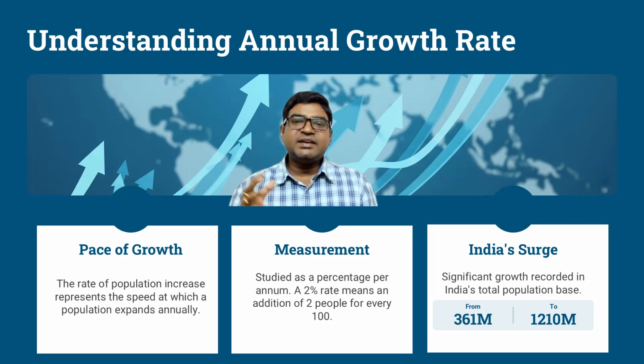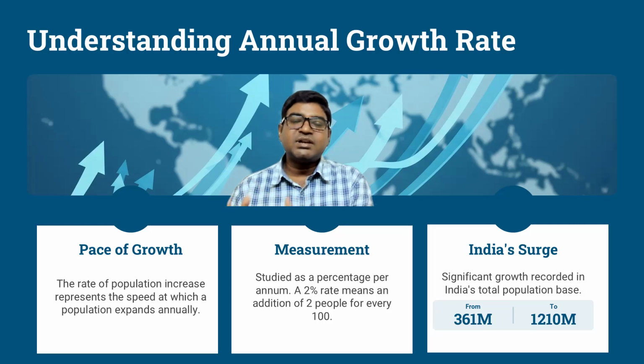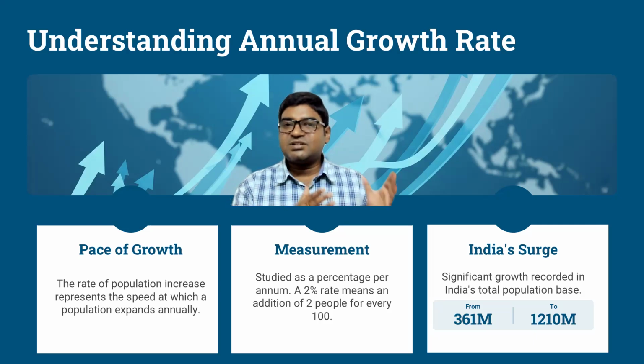Then we see India's total big number. There was significant growth recorded in India's total population, from 361 million to 1210 million over the period from 1951 to 2011. So first we see at what pace and speed it is growing.